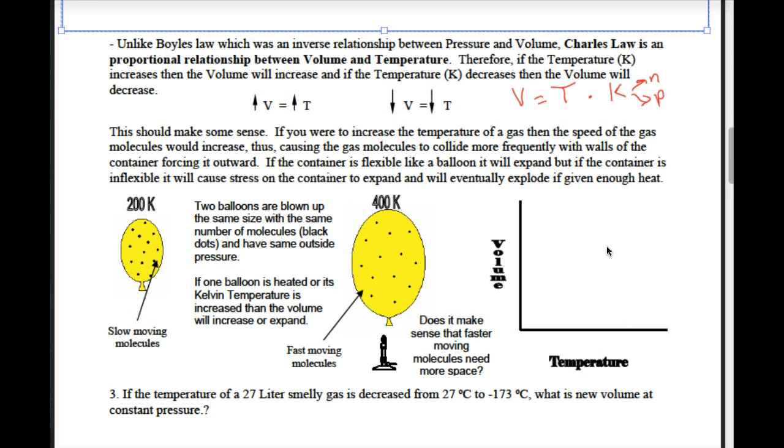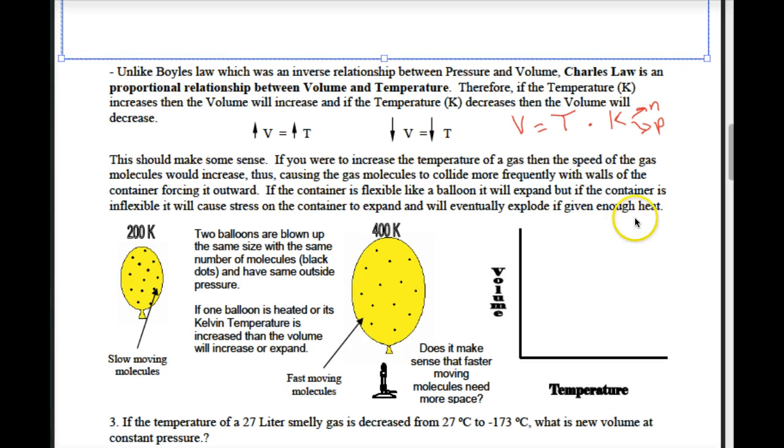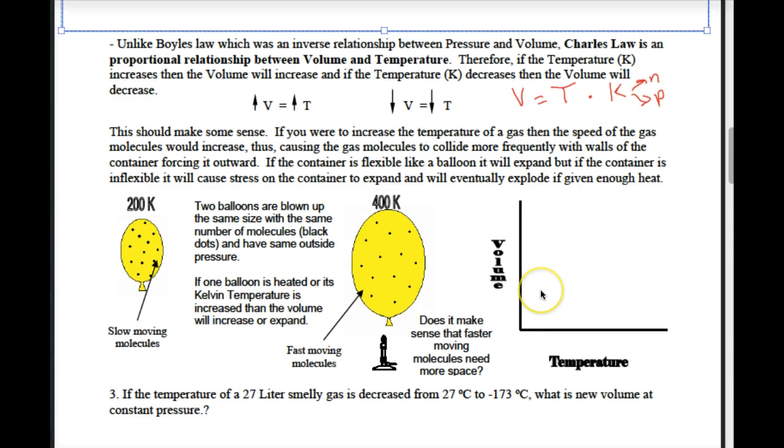So we'll explore more this week how and why the temperature has to be in the Kelvin scale. But for now, let me point out something quickly. As long as you start to understand that Kelvin is the temperature scale, we can have 0 where the x and the y axis intersect.